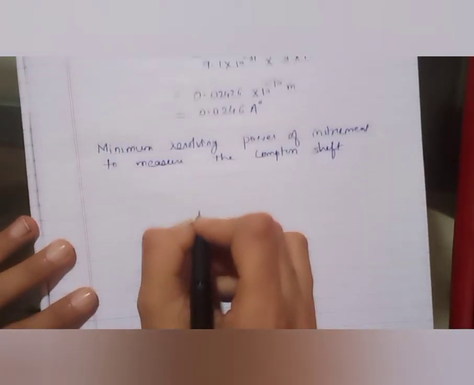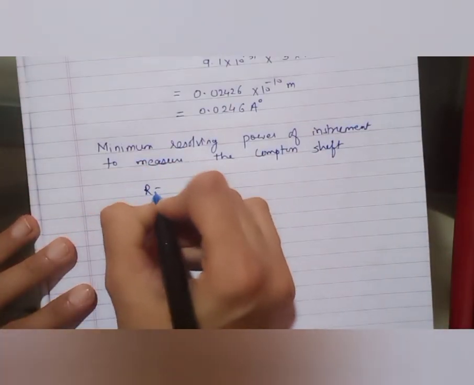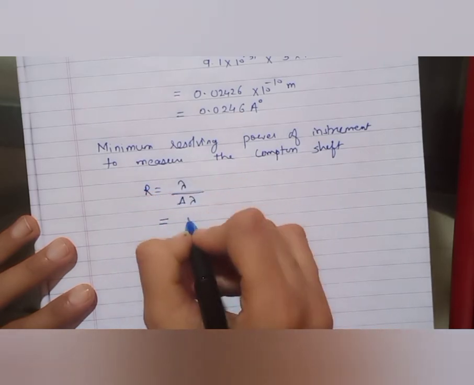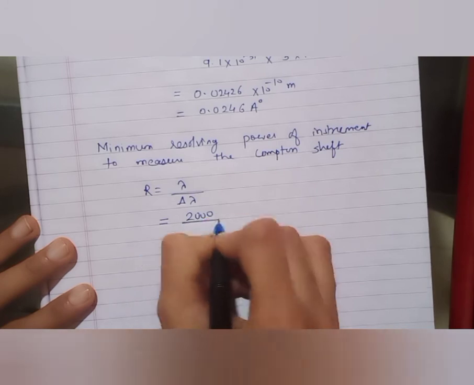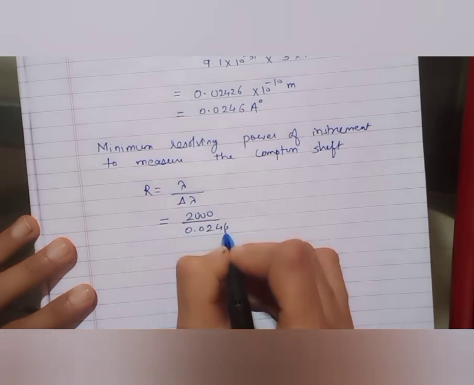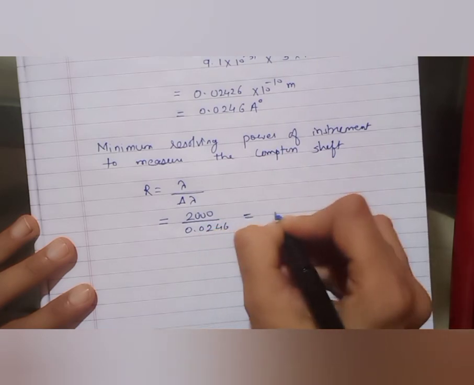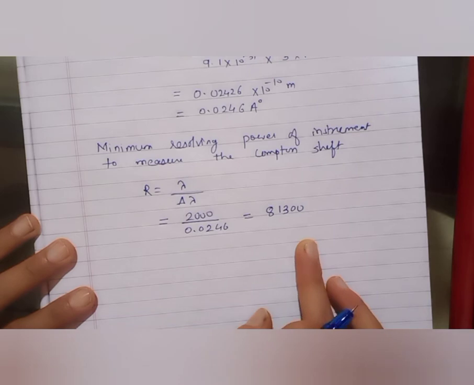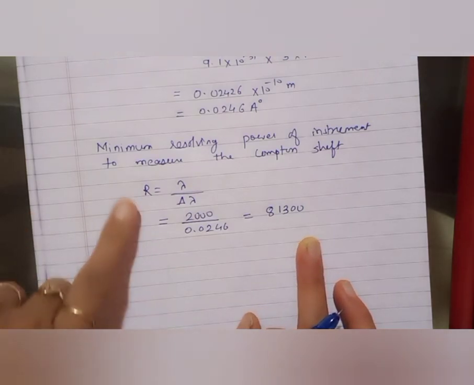It is given by R equals lambda upon delta lambda. Lambda we know is 2000 angstrom. Delta lambda we have just calculated as 0.0246 angstrom. If you do this calculation, you will get 81300. So this is the resolving power.